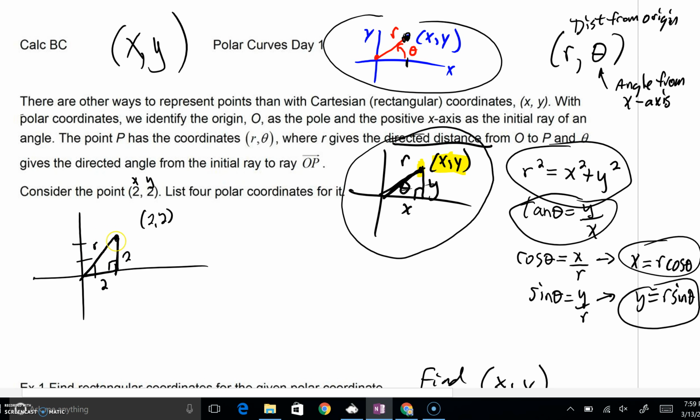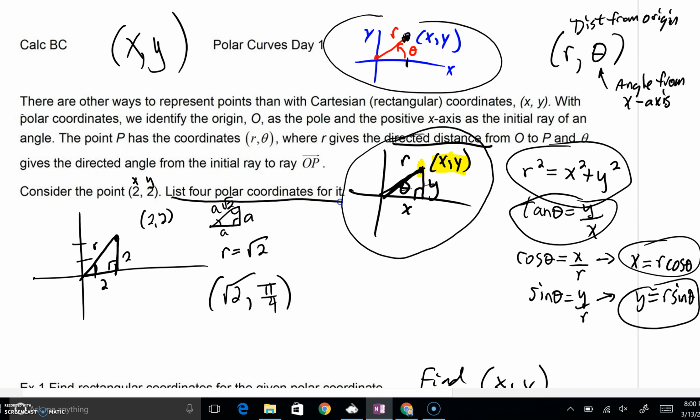Well, you might remember from the 45, 45, 90 right triangle, if you had half of a square, we had a, a, and a root 2. Our r would be radical 2. And this, of course, would be pi over 4 or 45 degrees. So we could say this is radical 2 comma pi over 4.